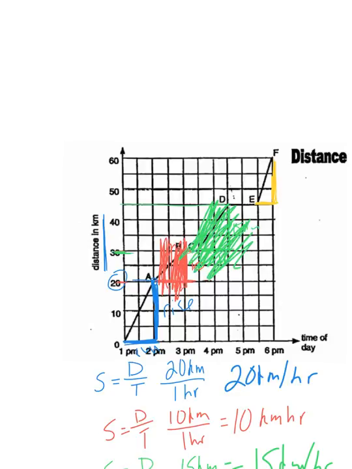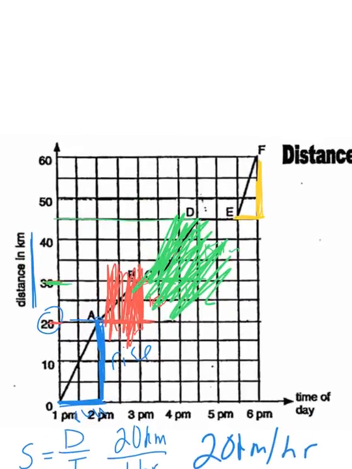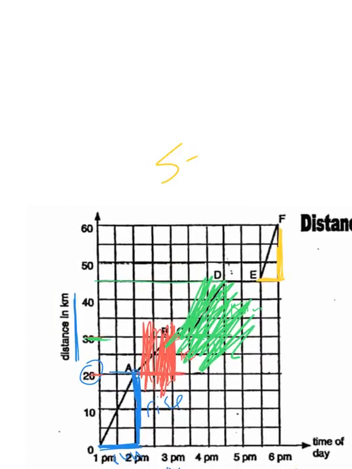All right, let's look at the yellow. I'll do it up here. Speed equals distance divided by time. The distance between here and here, that's 3 boxes. So we started off at 45 and we're ending at 60. Between 45 and 60, that means our rise is 15.